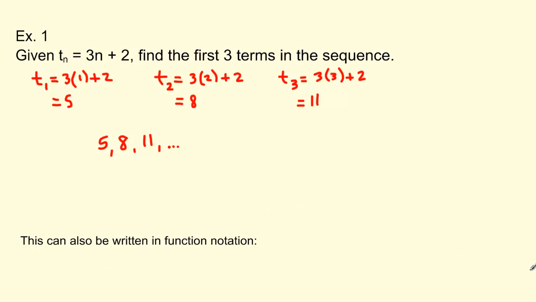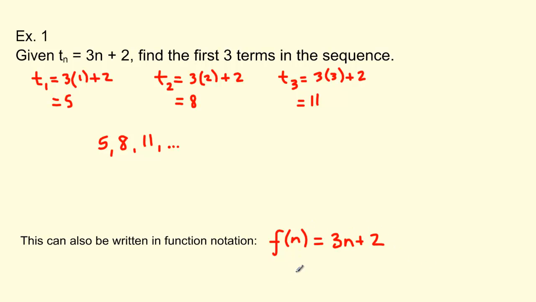We can also write sequences using function notation instead of sequence notation, or this Tn general term business. If I were to write this as function notation, I would write this as the function f at n, or the nth term in the function. And it would be written out the same formula, 3n plus 2.